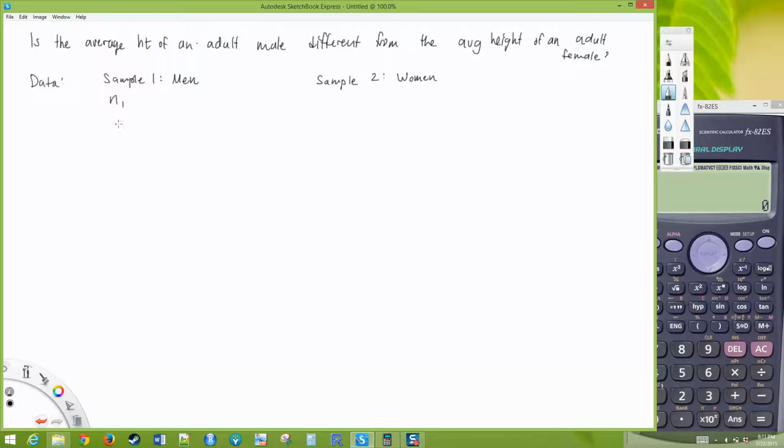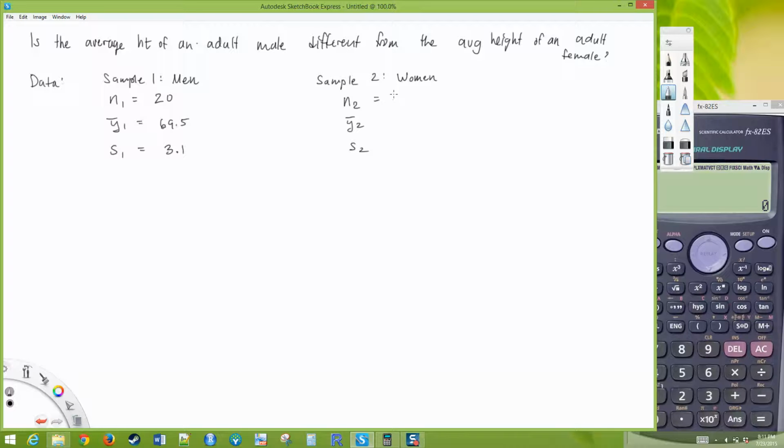Both samples will have a sample size, a sample mean, and a sample standard deviation. So let's say we randomly sampled 20 men. The average height of these men was 69.5 with a standard deviation of 3.1.